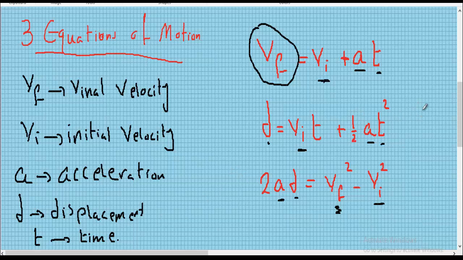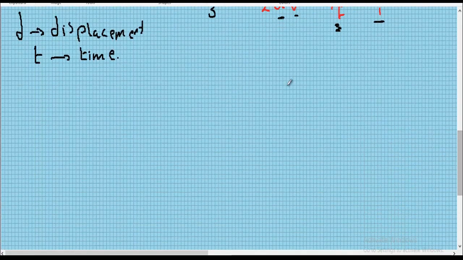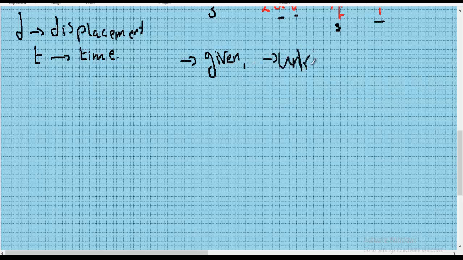So the question here is, when will we use the first equation or the second equation or the third equation? I will give you an answer. You will use the first or second or third equation according to two things, which are the givens and the unknowns.